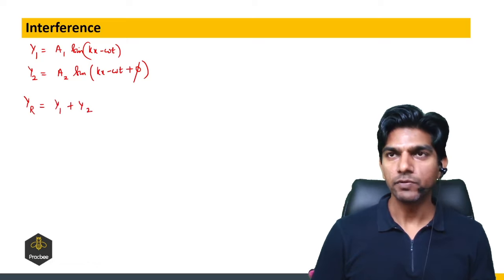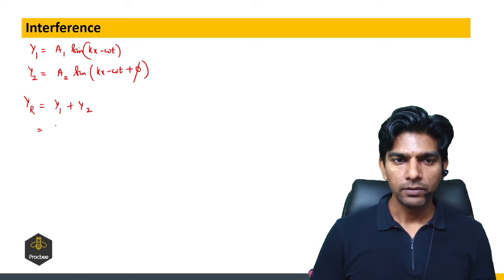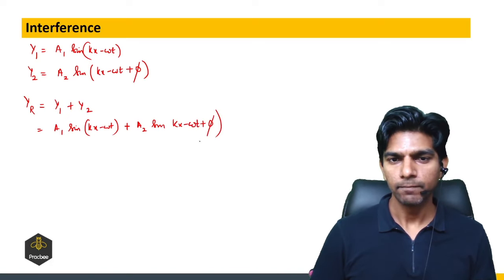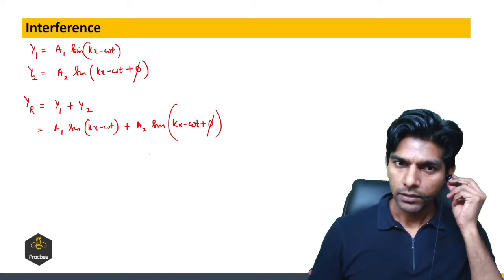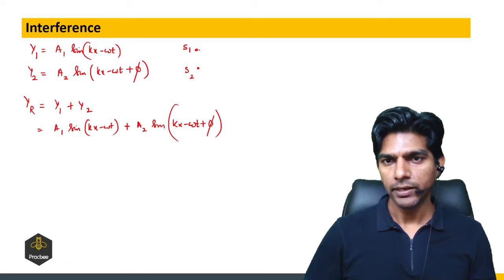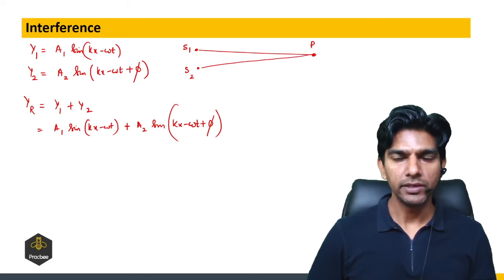So y1 plus y2, which is a1 sine(kx minus omega t) plus a2 sine(kx minus omega t plus phi). Right? So let me show you the case. We have a source S1, this is the source S2, and the waves from these two sources are reaching point P simultaneously.